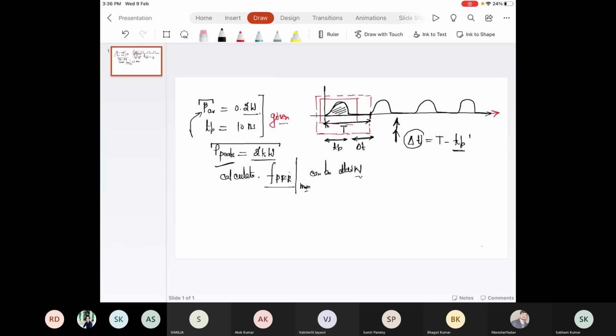It can be increased by decreasing Tp because T is constant. If you keep on increasing this delta T, this peak power keeps on increasing.